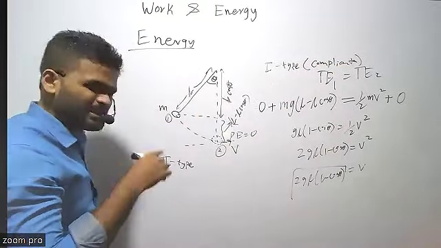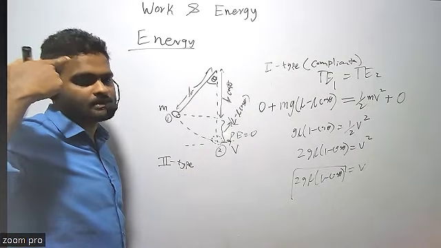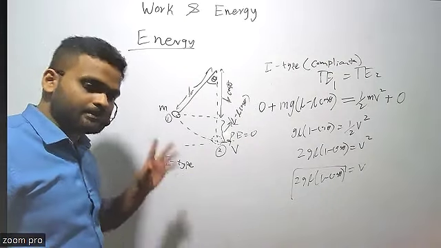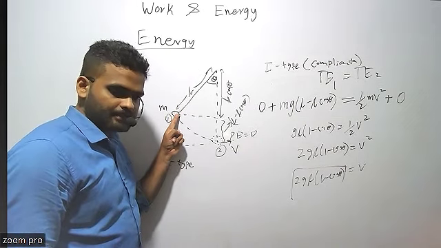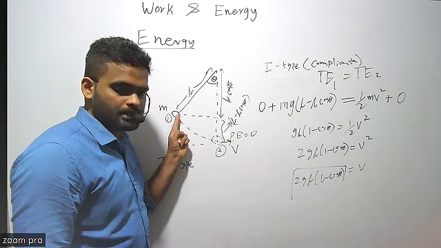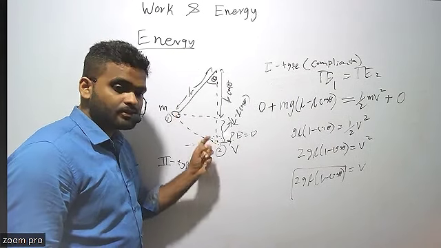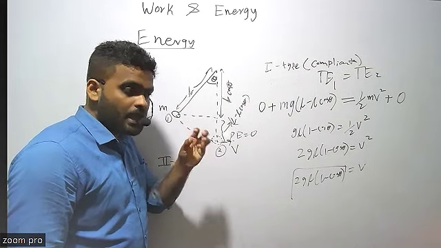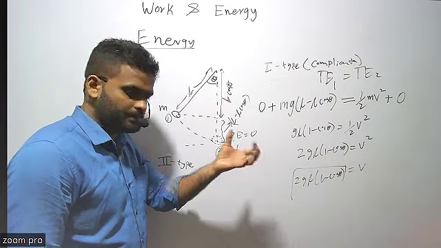But if you have only one conversion, it is easy to think about it this way. This is how you do it. When the object is here, it has potential energy only. As it reaches here, the potential energy of the object becomes 0. So that potential energy has to convert into something.